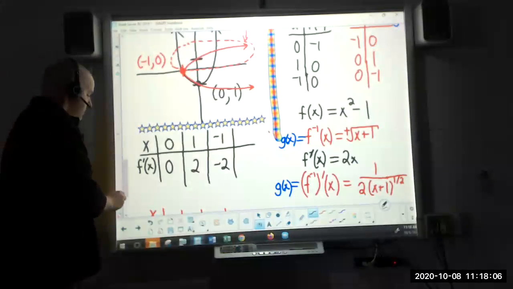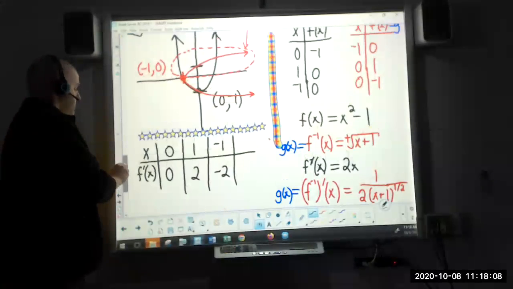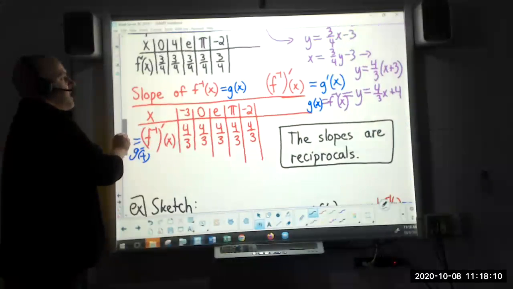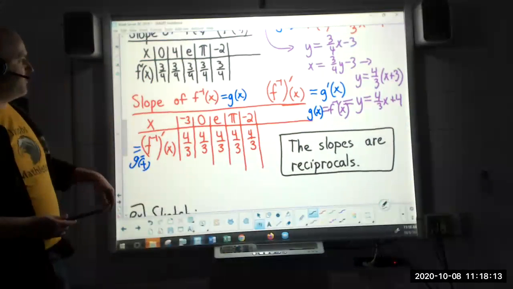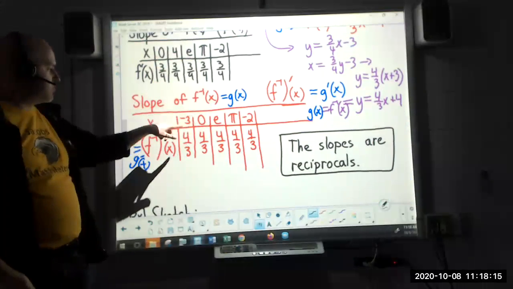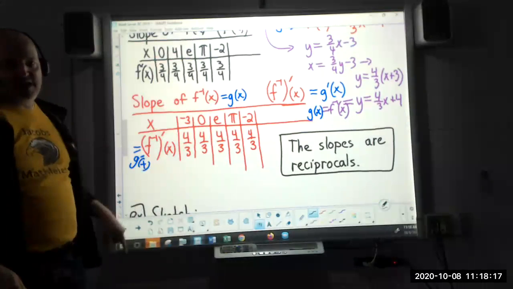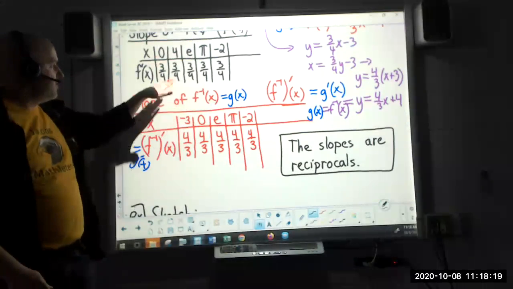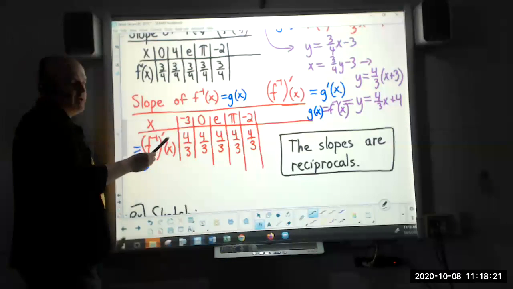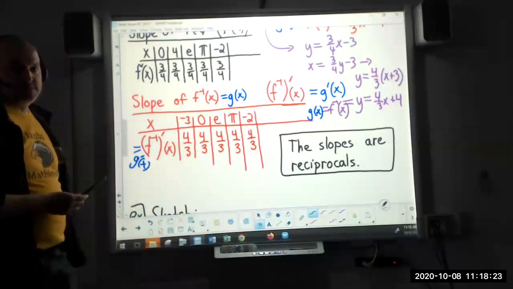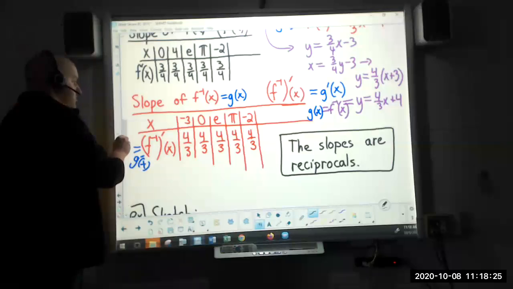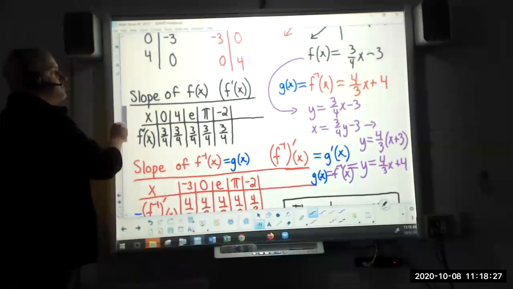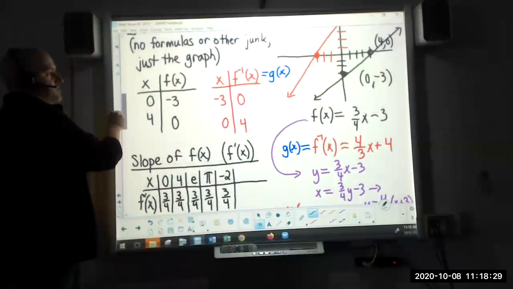Now, do you remember in the line how I was obscurely difficult? Yes, I used 0 for both f inverse and f, you remember that? But I didn't line them up the same way. Did you notice the pattern I lined them up in here? Let's look at the graphs and the tables.